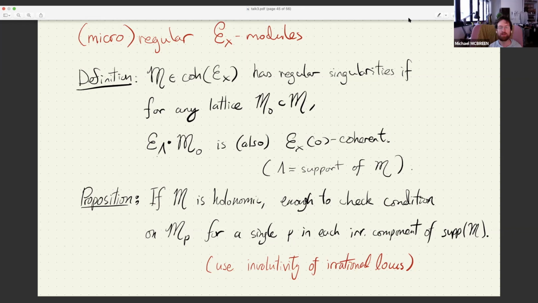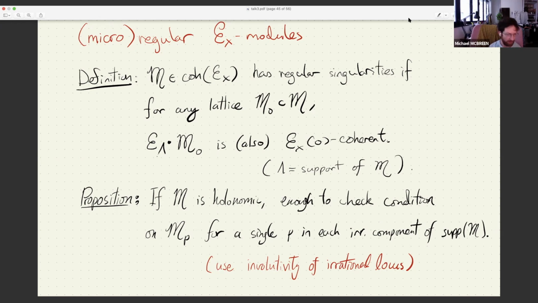So right, E lambda here is the 0th step of the Kashiwara-Malgrange filtration. So sorry, if lambda is a smooth conic Lagrangian, then E lambda is just something we've encountered before. It's the 0th step of the Kashiwara-Malgrange filtration for lambda, for E of x.